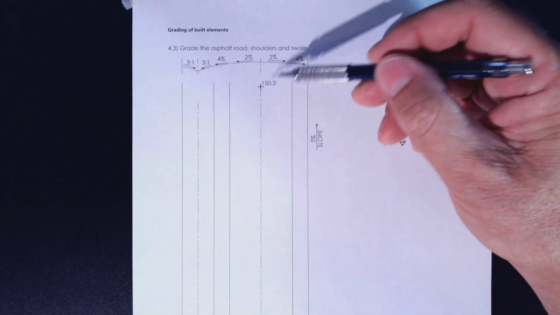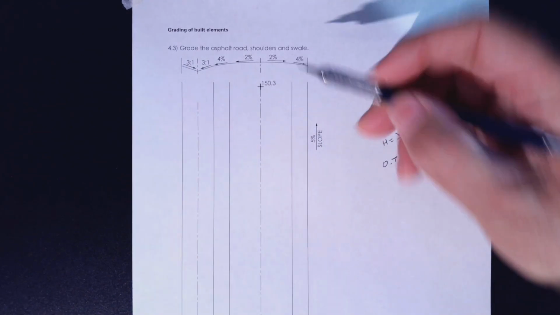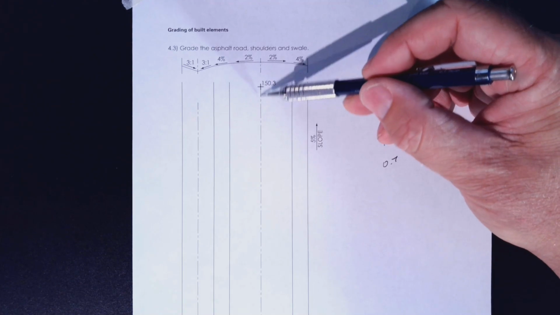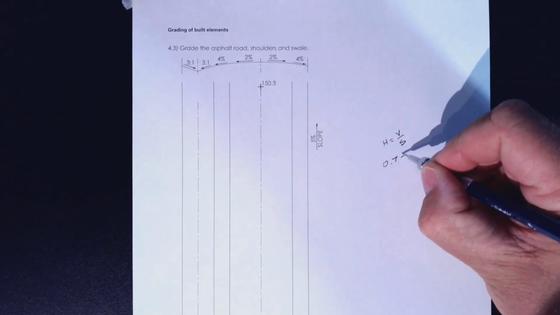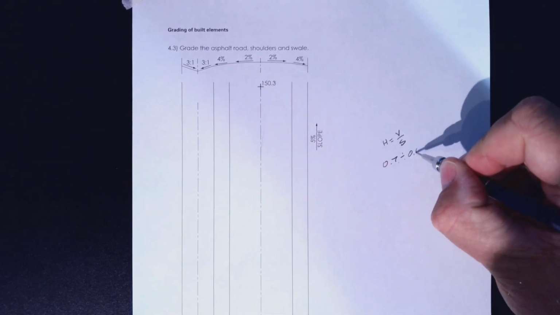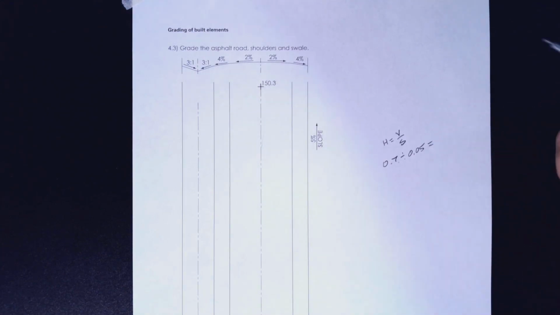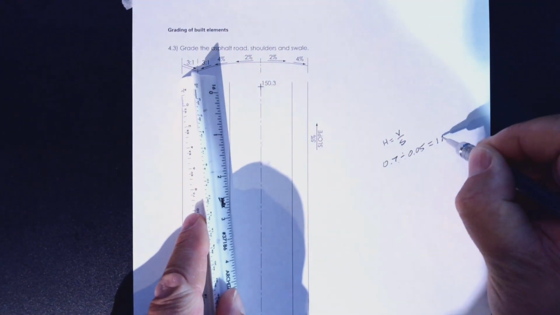Our vertical is 0.7, and the slope of this road is 5%, 0.05. 0.7 divided by 0.05 equals 14 feet.